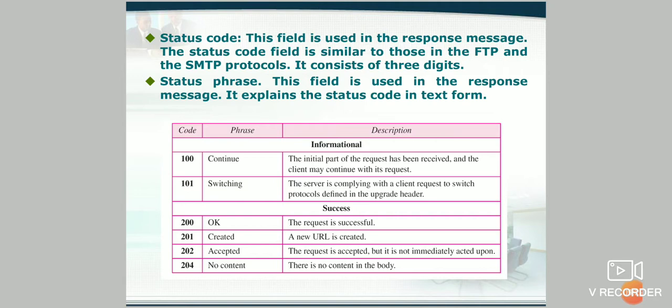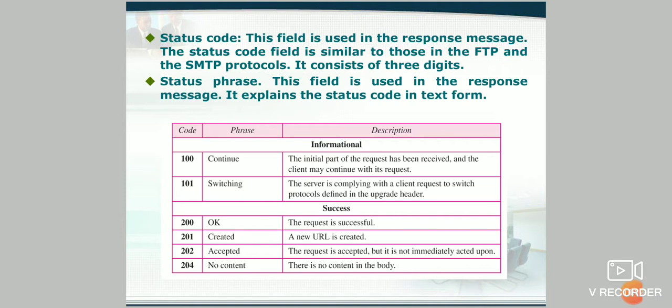It consists of 3 digits, in which codes in the range of 100 are used only for informational purposes, and codes in the range of 200 are used for successful requests. Codes in the range of 300 mean redirecting the client to another URL, codes in the range of 400 indicate an error at the client side, and codes in the range of 500 indicate an error at the server side.